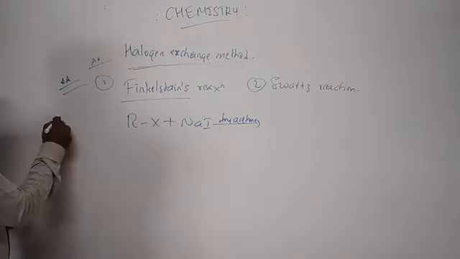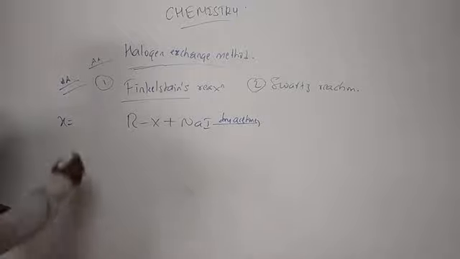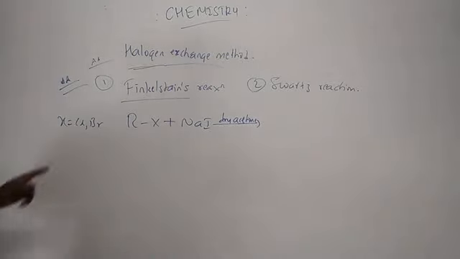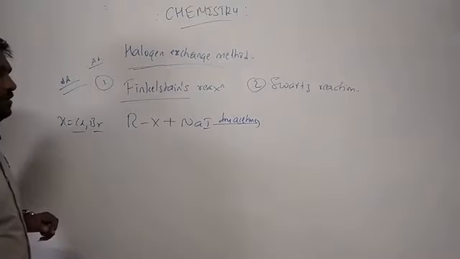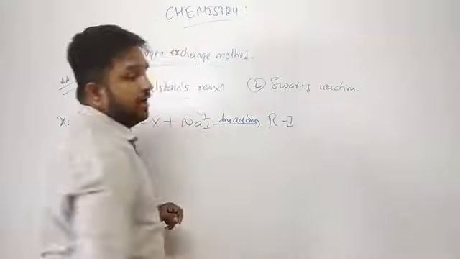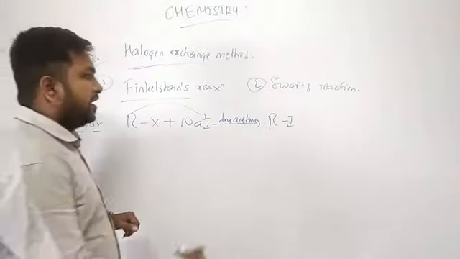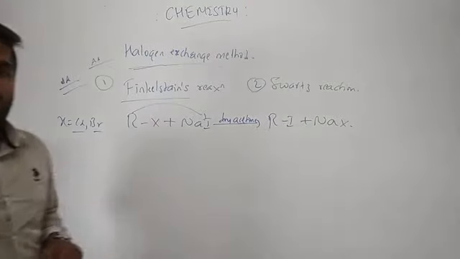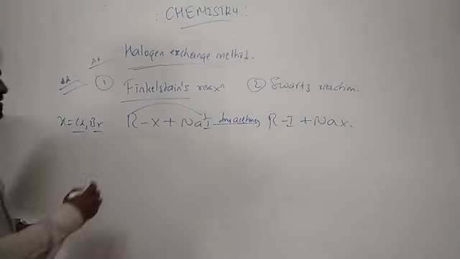The halogen that can be used is only chlorine and bromine, no other. What happens now? We get alkyl iodide plus sodium halide.